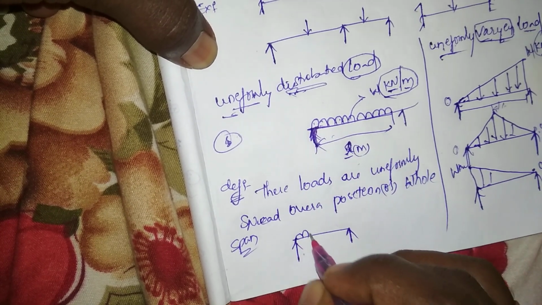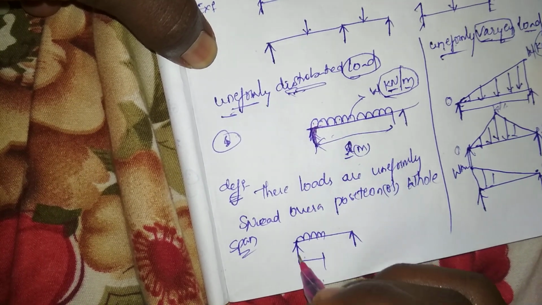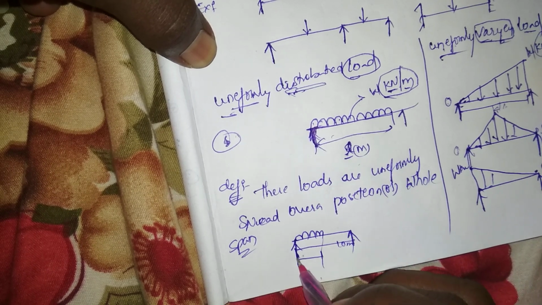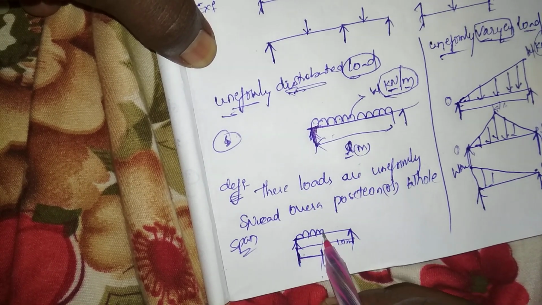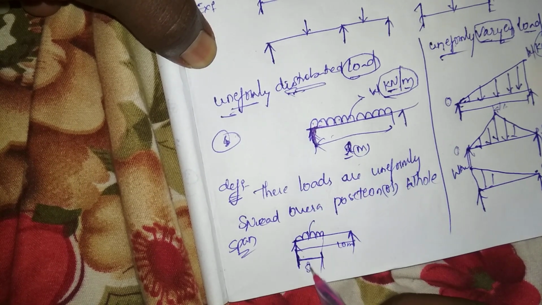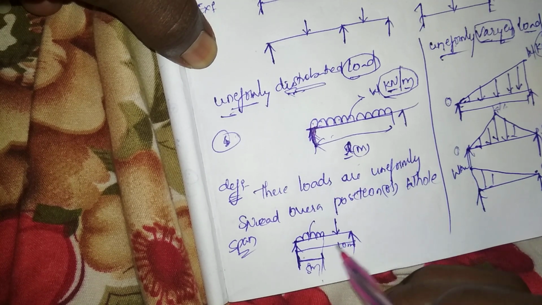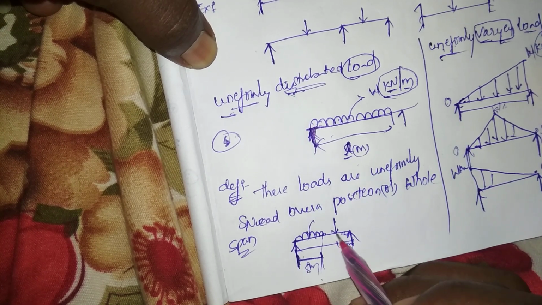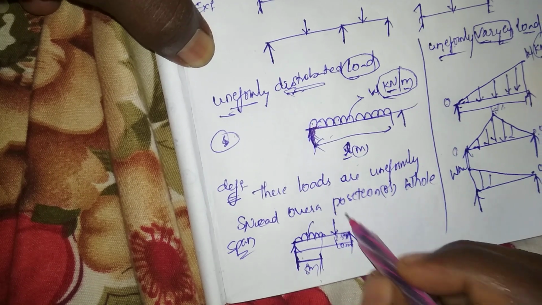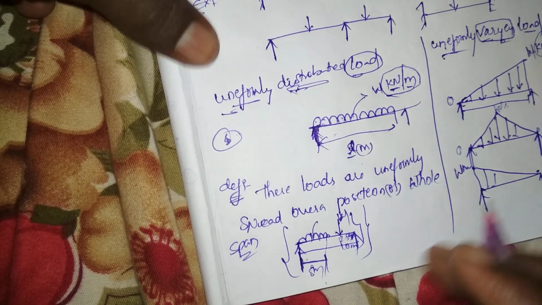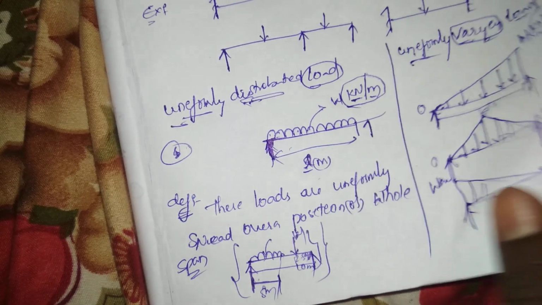The UDL is placed, the total span is 10 meters. Let us assume the UDL is placed for about 5 meters, and the concentrated or point load is placed 2.5 meters from the right support. Let us discuss this, and this can also be a placement of loads. Let us discuss the problems, and before that, we also have to discuss the types of supports.